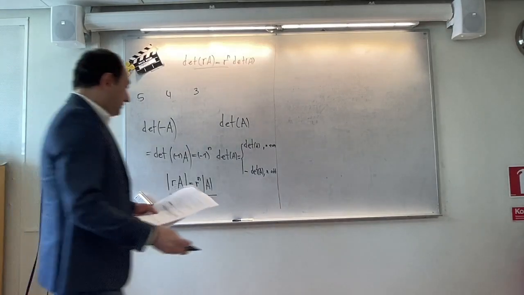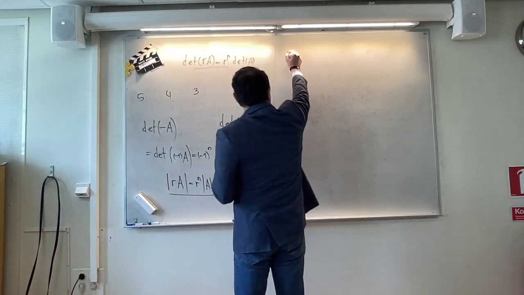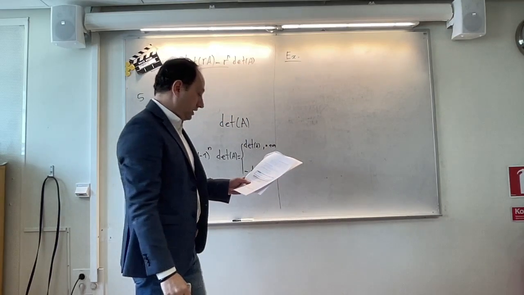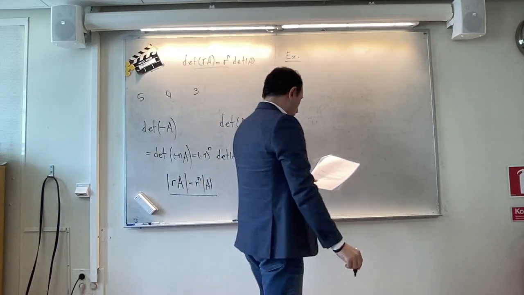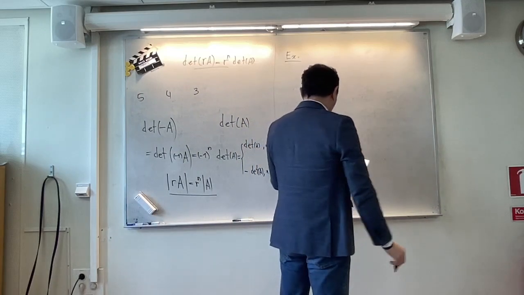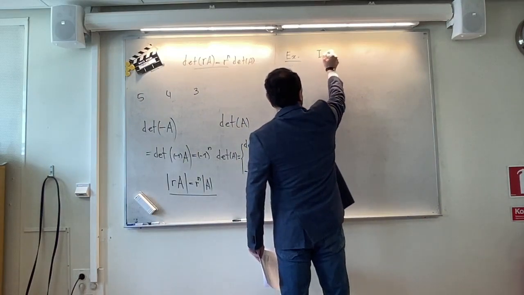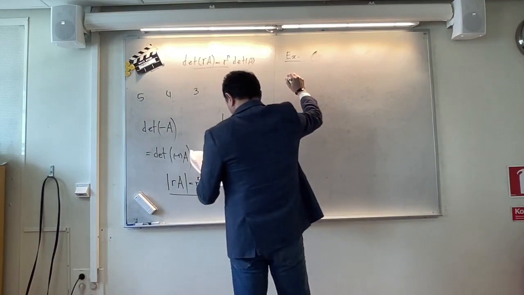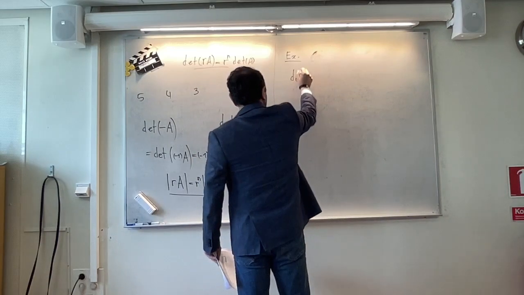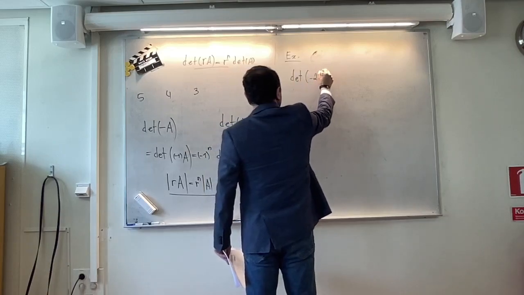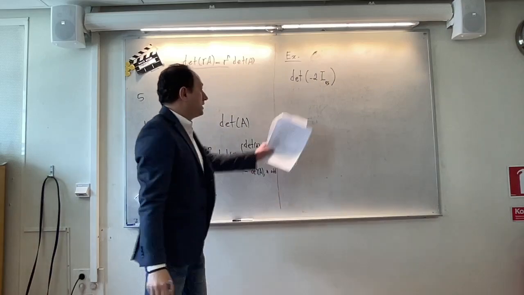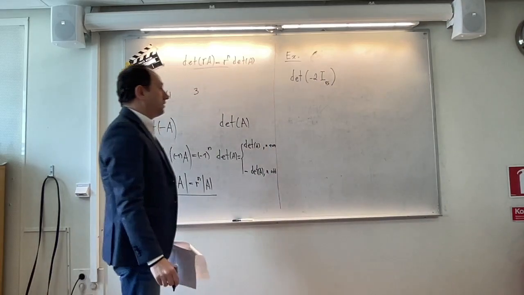So, one example. Let me write it like this. Can you calculate this? The determinant of minus 2 times the identity matrix, 5 by 5. So you know that when I put 5 here, it means the order is 5.